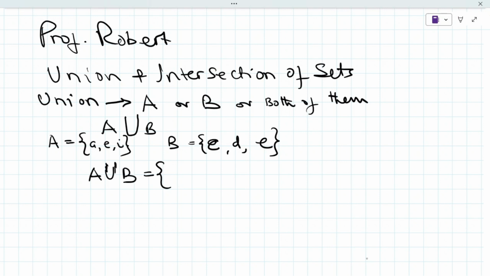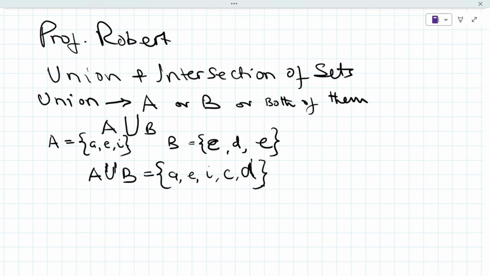Therefore, the elements of set A union B would be A, E, I, C, and D. We don't have to repeat the E in set B because it's already written down.